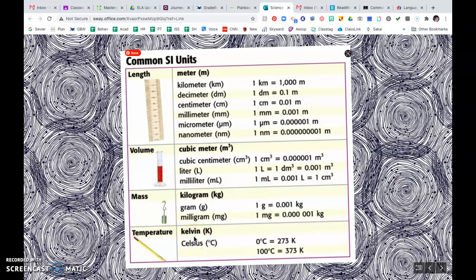And you don't use degrees when you're dealing with Kelvin. So if you're really, really into science, you will grow up one day and you will use Kelvin to measure temperature. Not degrees Celsius or degrees Fahrenheit. Kelvin. So that's a little different.